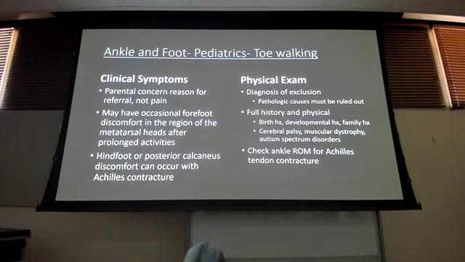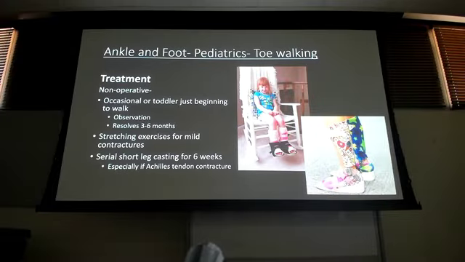And then during our exam, we want to assess that range of motion, make sure there's no Achilles tendon contracture that we need to treat. And if they're just beginning to walk, it is something that we usually just want to observe. If they just started walking, they're walking on their toes, that's normal.